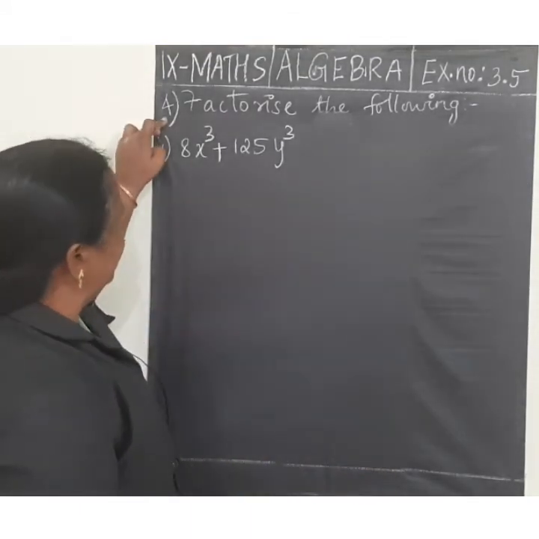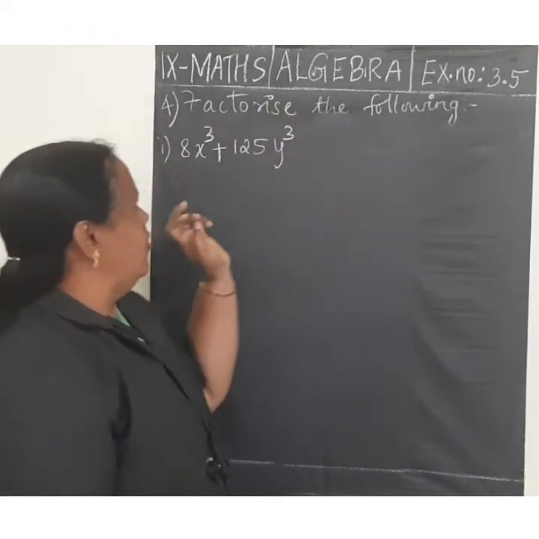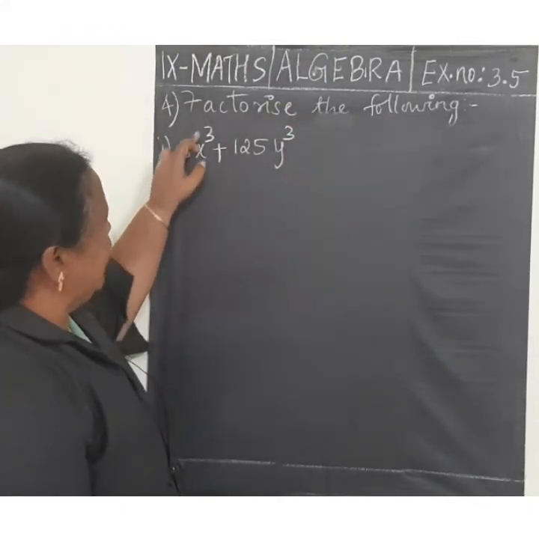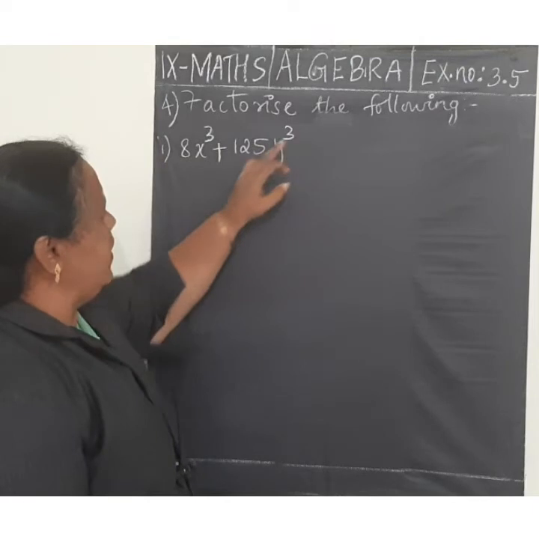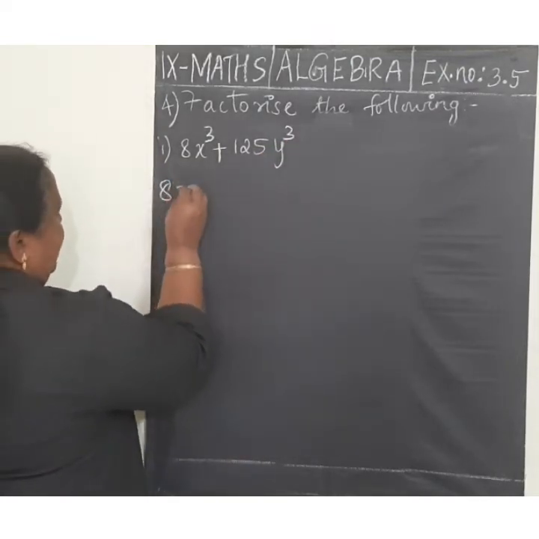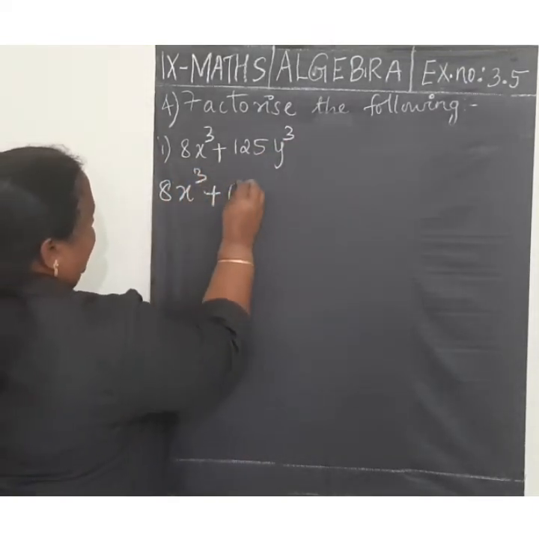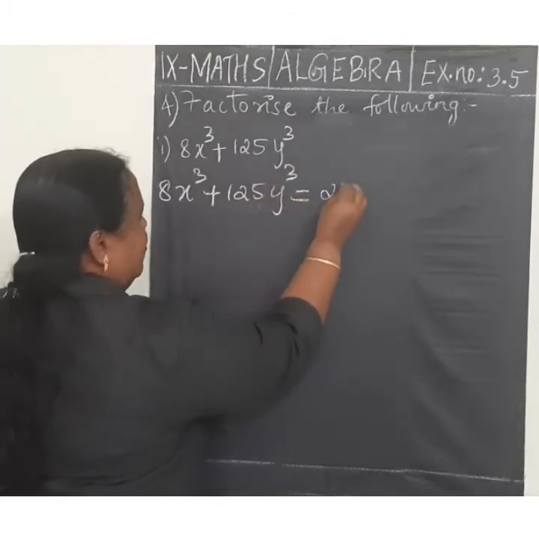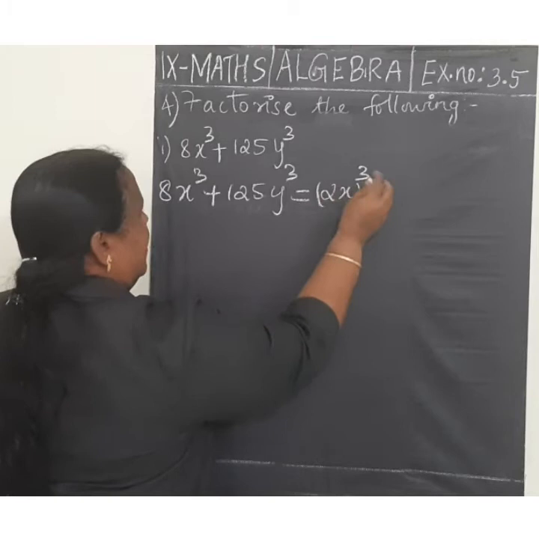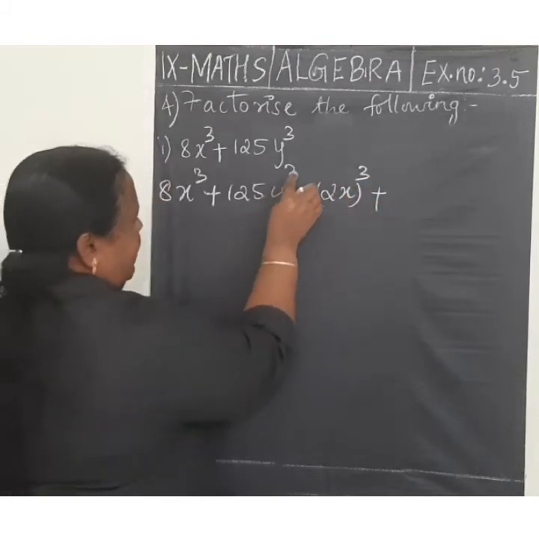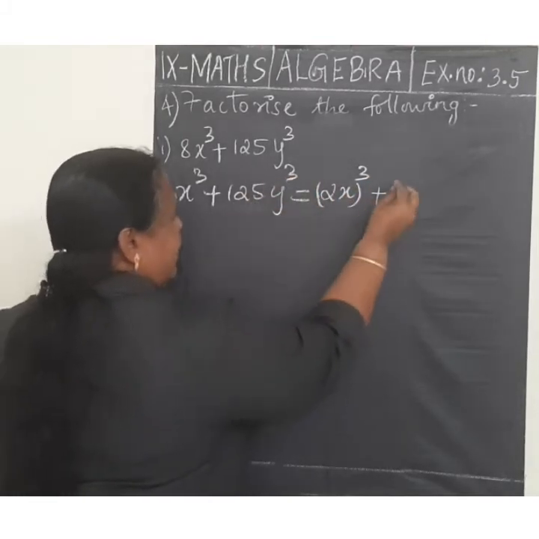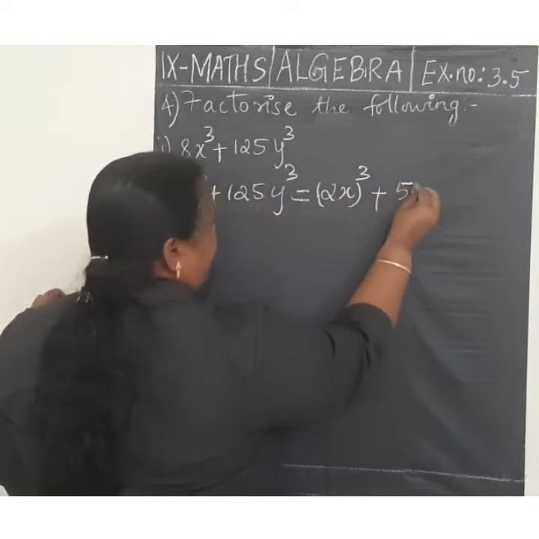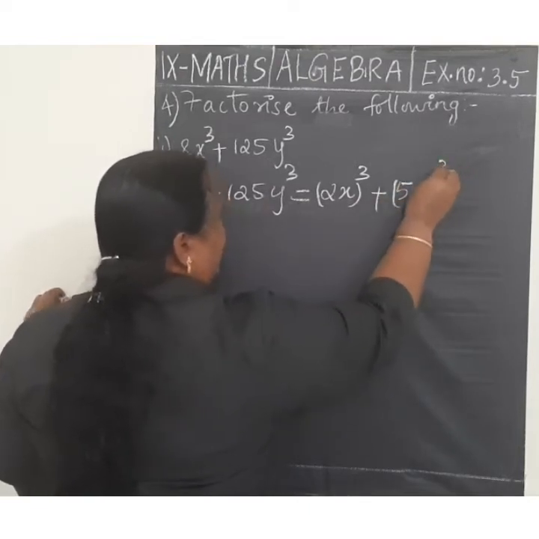Next, fourth question, factorize the following. In that first subdivision, 8x cube plus 125y cube. This 8x cube plus 125y cube, we can write it as 2x the whole cube plus 125y cube, we can write 125 as 5 cube, 5y the whole cube.